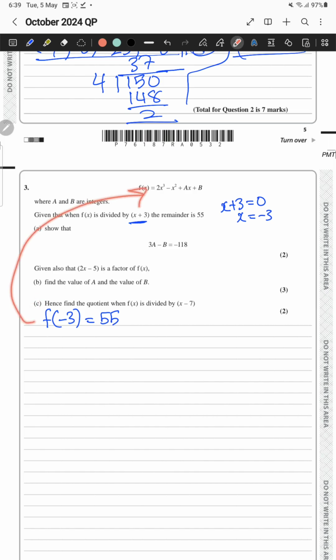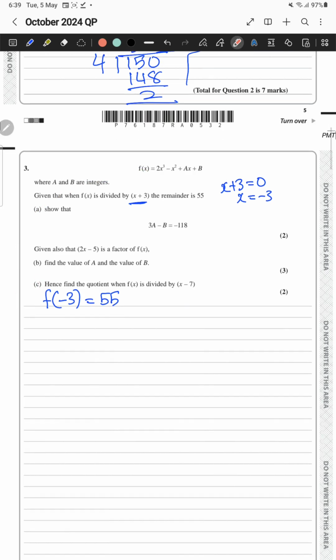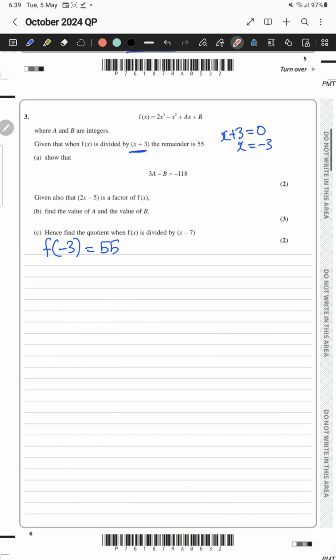Alright, and we have to show that 3a minus b is equal to 180. So basically now over here 55 is going to be, you have to sub in the minus 3 over here in place of x's, right?